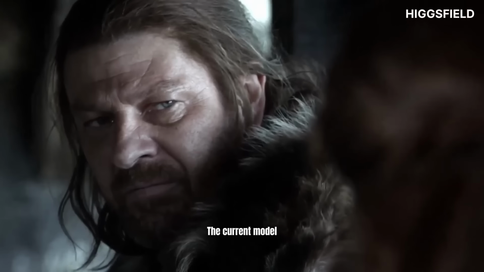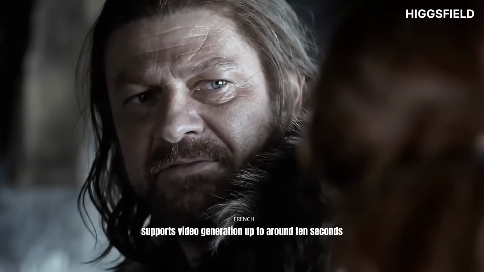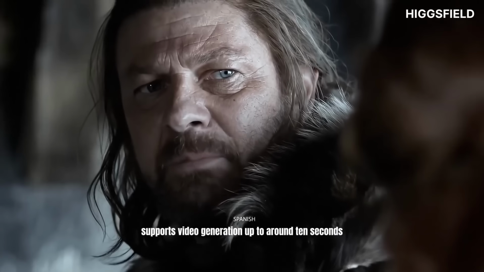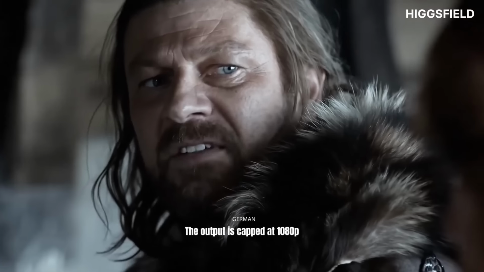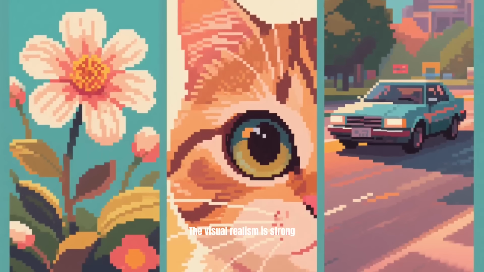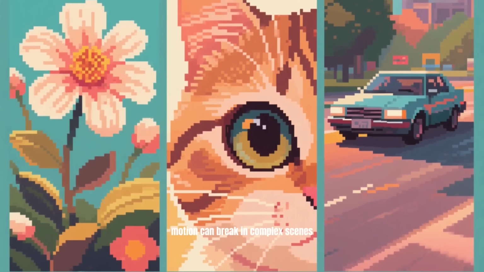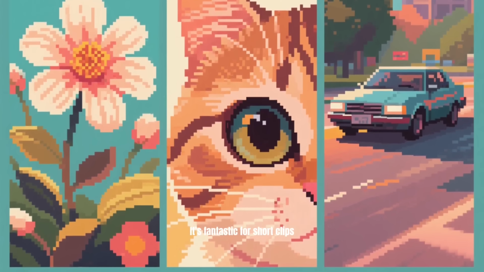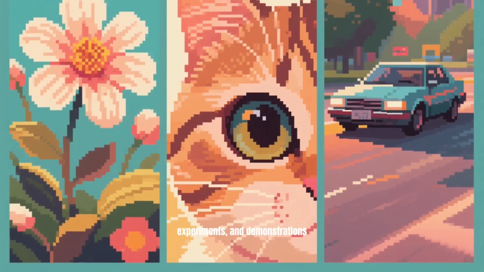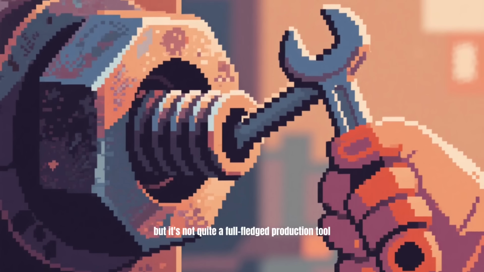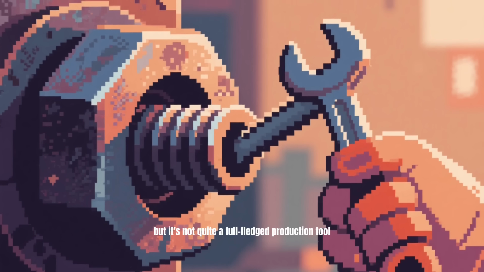To understand why all of this matters so much, it helps to compare these expectations with what's available today. The current model, Kling 2.0, supports video generation up to around 10 seconds. The output is capped at 1080p. The visual realism is strong, but as we mentioned, motion can break in complex scenes. It's fantastic for short clips, experiments, and demonstrations, but it's not quite a full-fledged production tool.